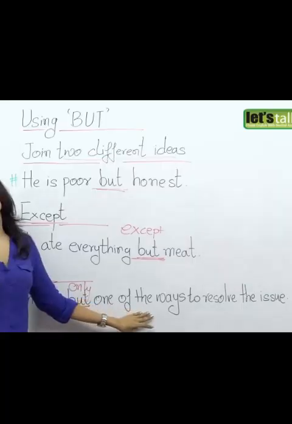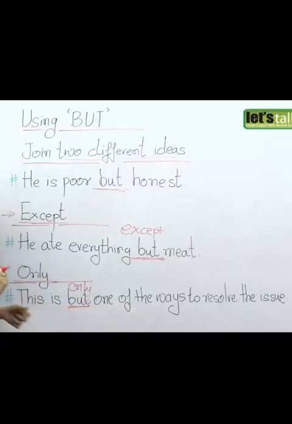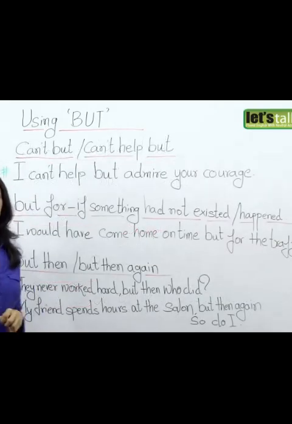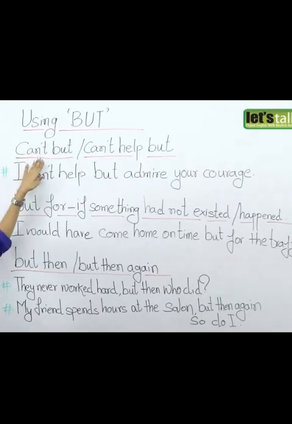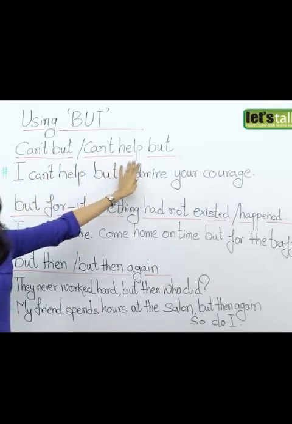Or if I say there is but one moon and one sun, that means there is only one moon and one sun. Friends, please don't get confused. Again, this is a very unusual way of using but, nonetheless, it is important to know that it can be used to express only.